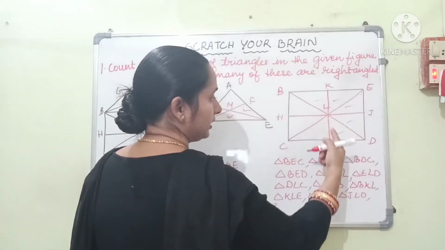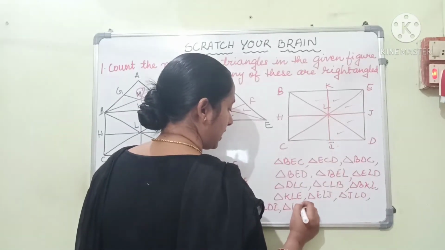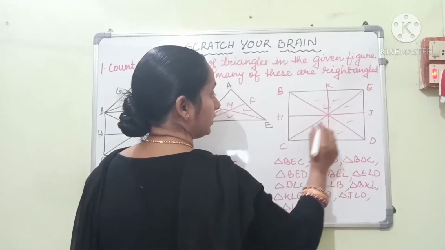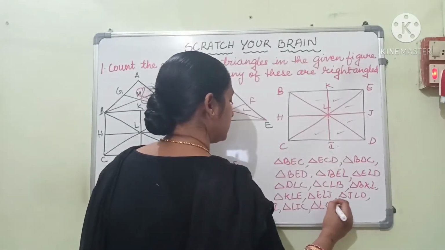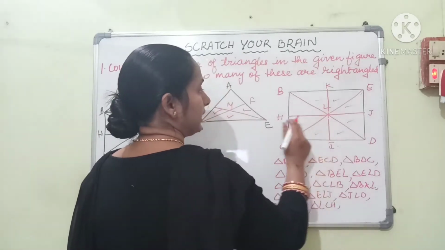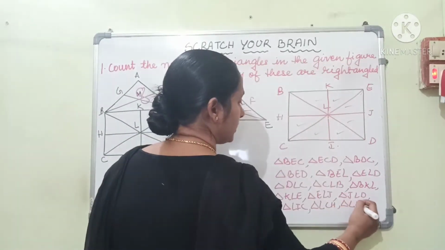Next, triangle LIC. Got it? Then triangle LCH. Next, triangle LHB.